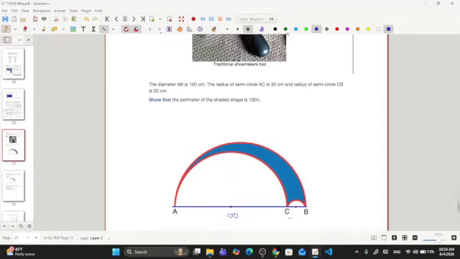AC has been given to us as 50. And CB, wait a second. Wait, AC has been given as 30 centimeters. My bad. I just added both of them together.